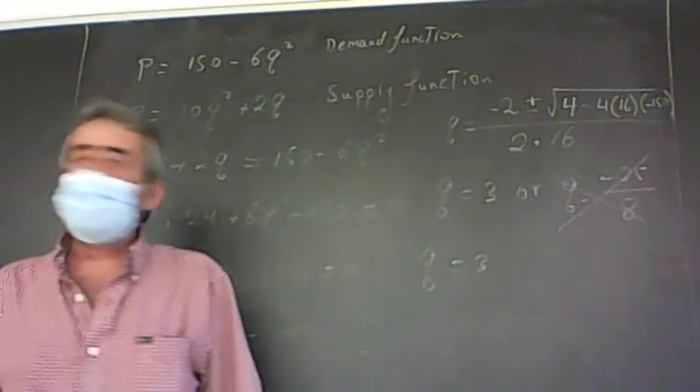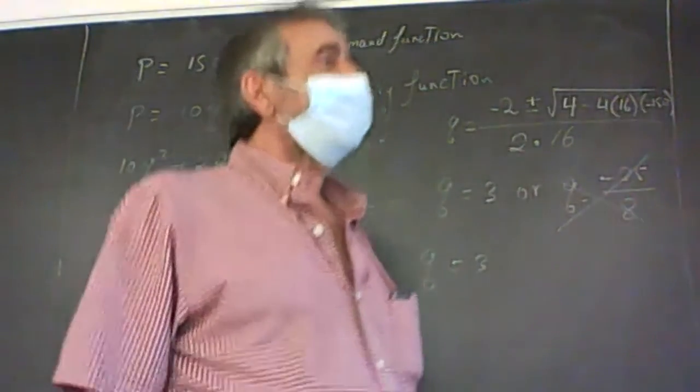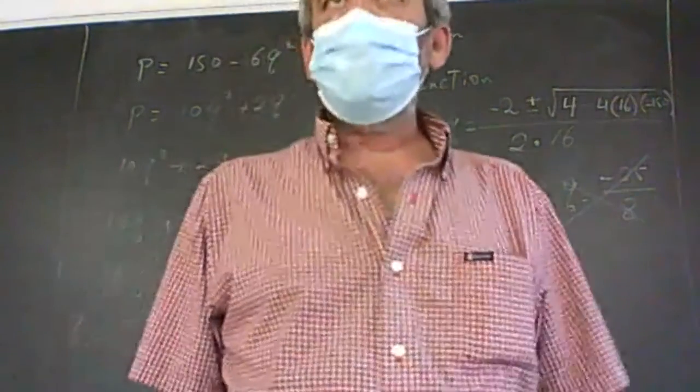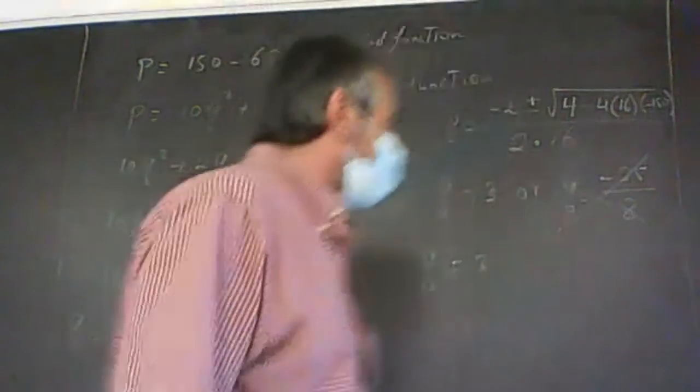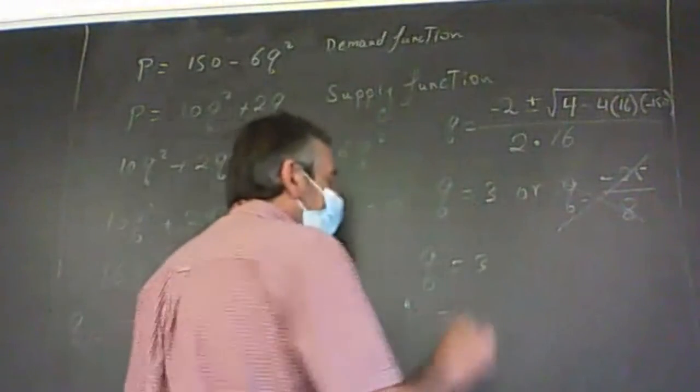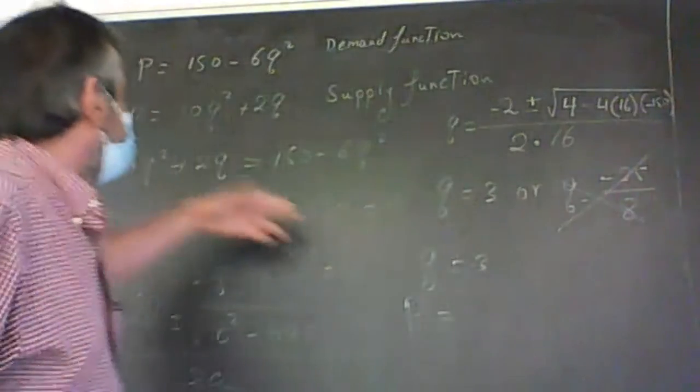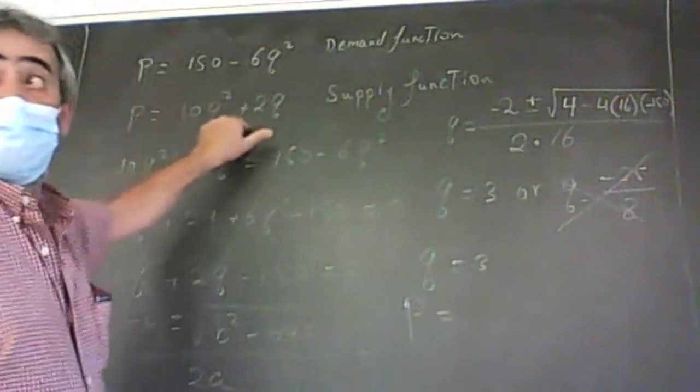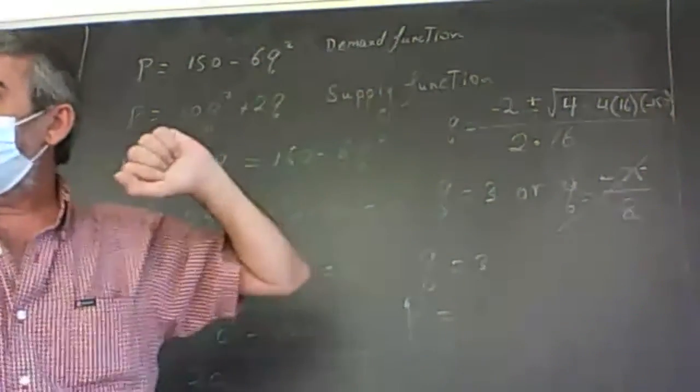Another way to say it, the supply should be 300 items, and the demand would be 300 items, and the price P would equal, I'm going to take Q and substitute in either one of those to figure out the price.